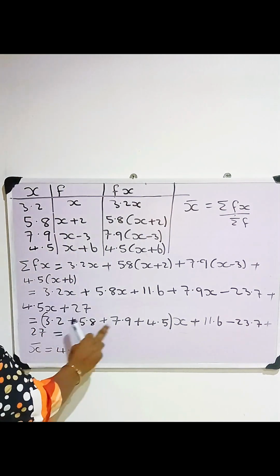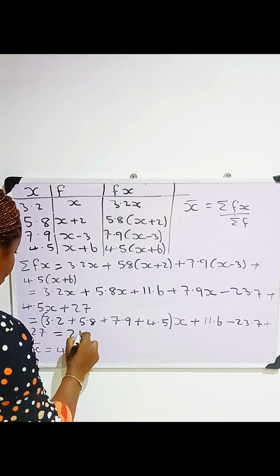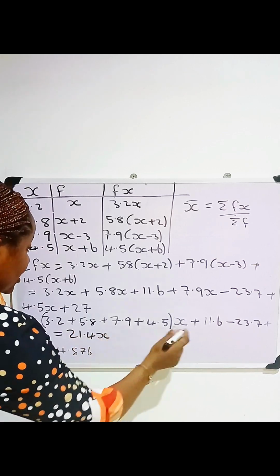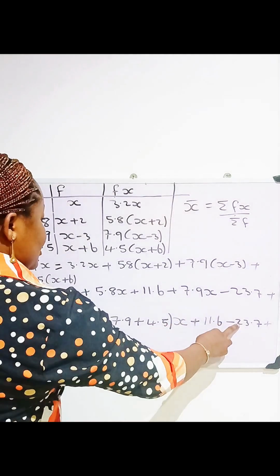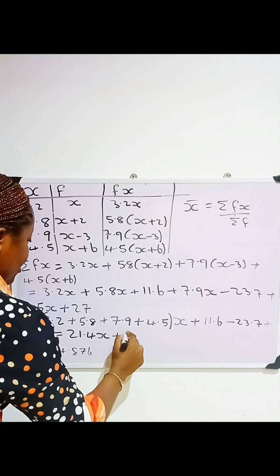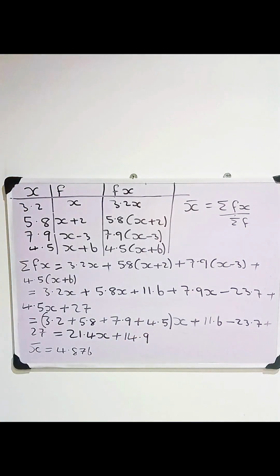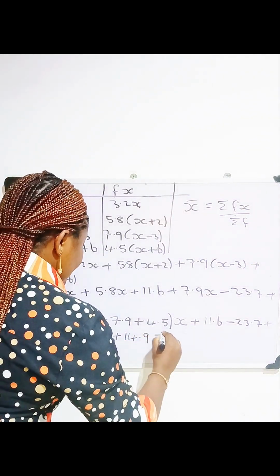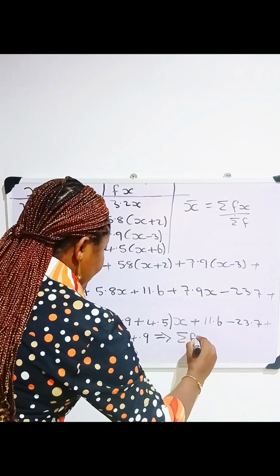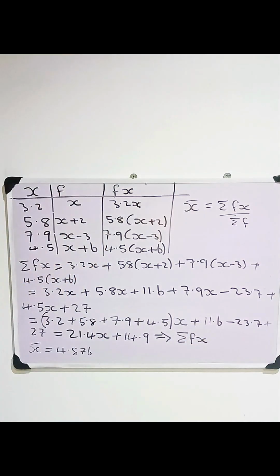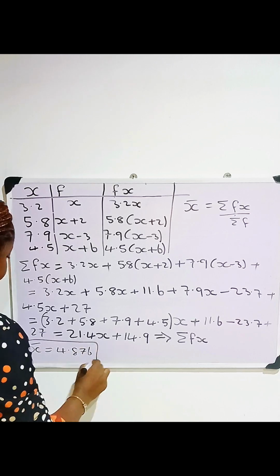When we sum the x terms, we have 21.4x, and when we do 11.6 minus 23.7 plus 27, we will have plus 14.9. So what we have here is our summation of fx. This is the value we are going to be using later on.